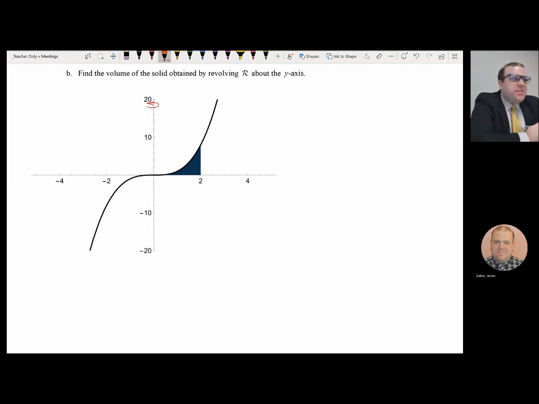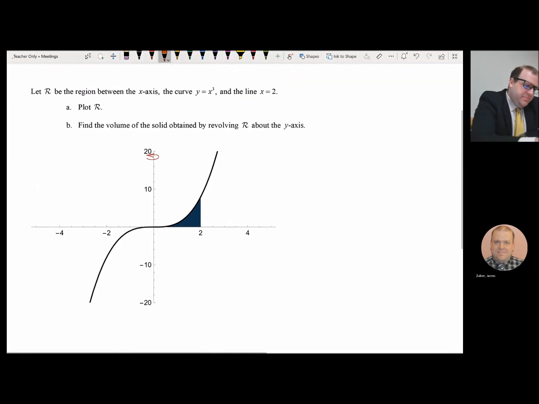The formula for the shell method is 2 pi times the integral from a to b of r times h dx.